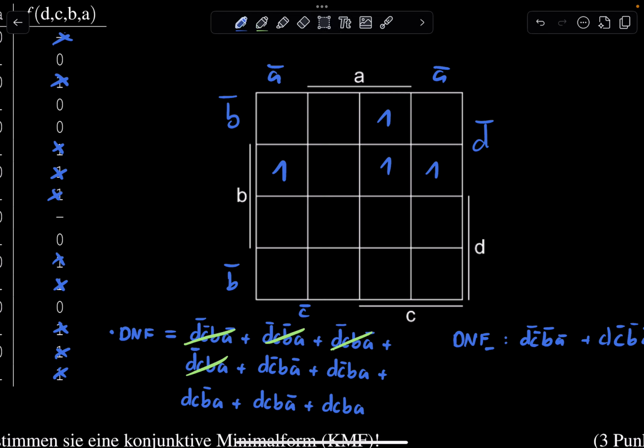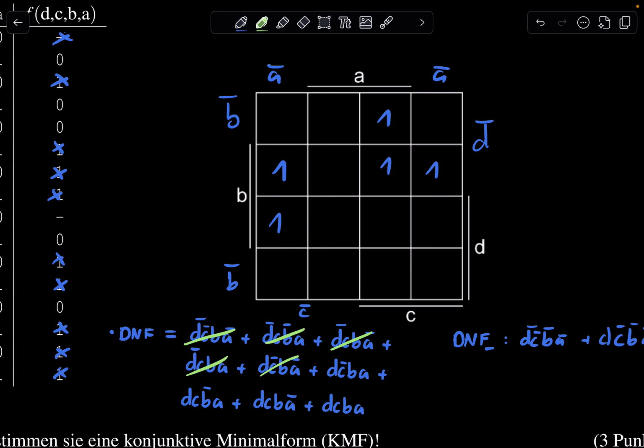Close this. D, not C, but B, but not A. I think that's the one. It's A, B, D, C, it's D, yeah, C, yeah, B, yeah, A, yeah, perfect.